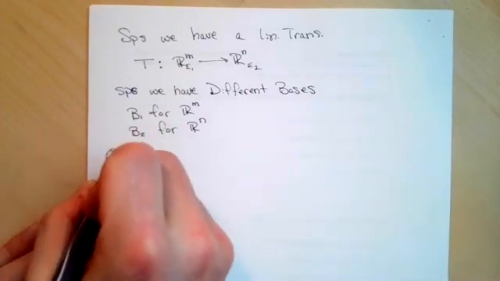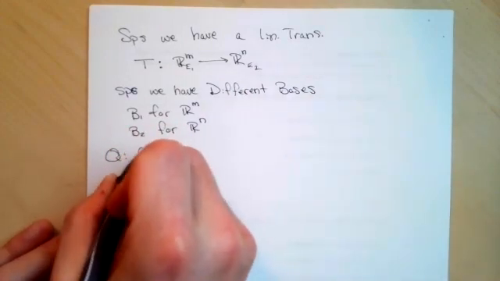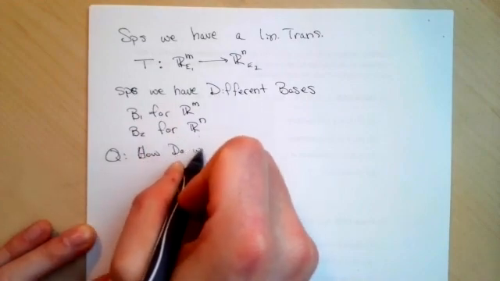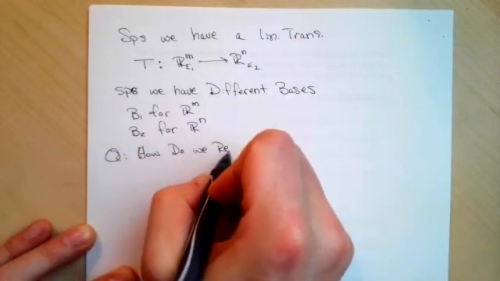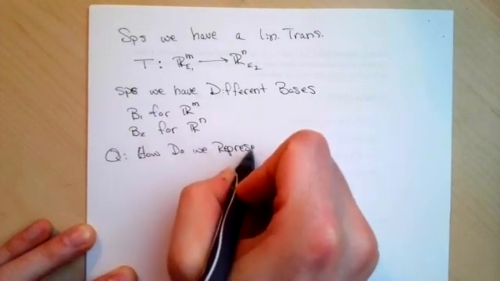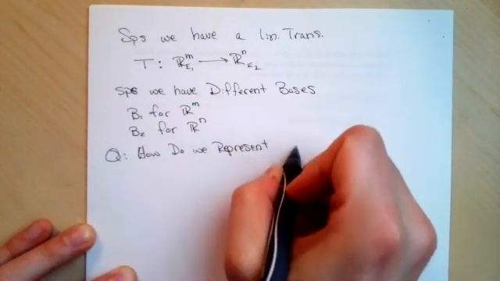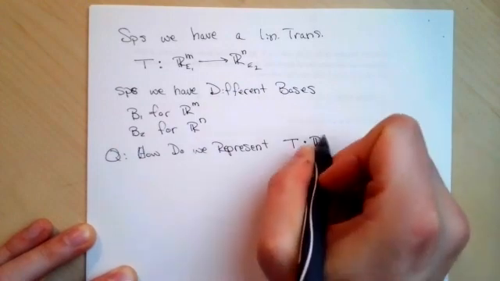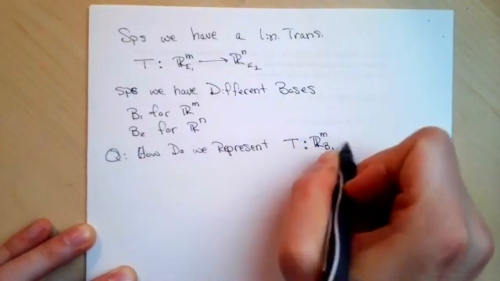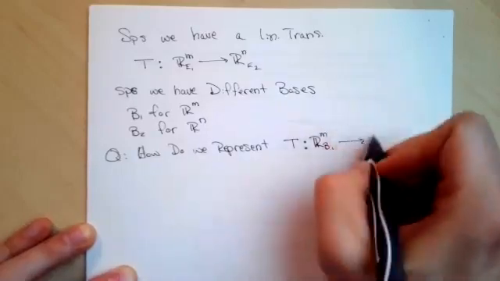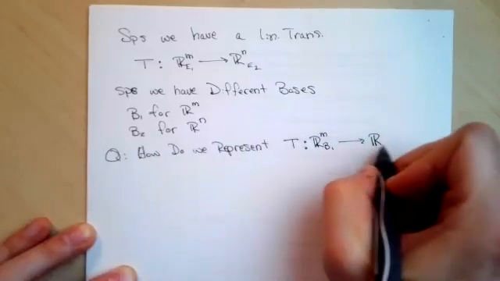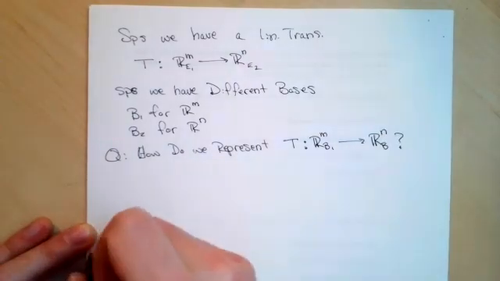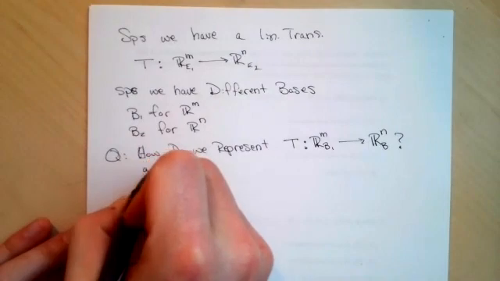Our question then is, how do we represent our transformation relative now to those different bases? And of course, represent it as a matrix.